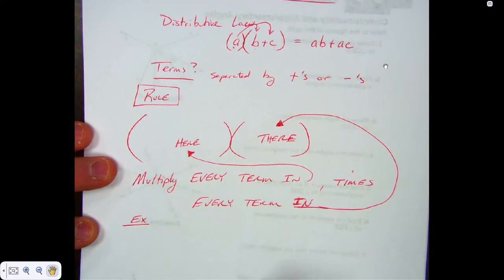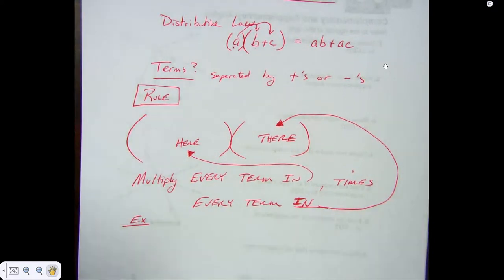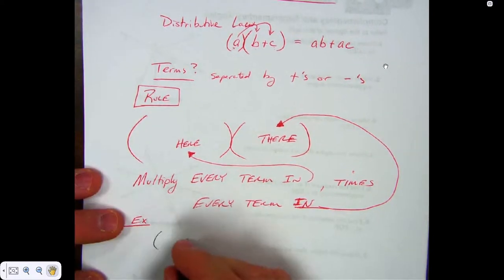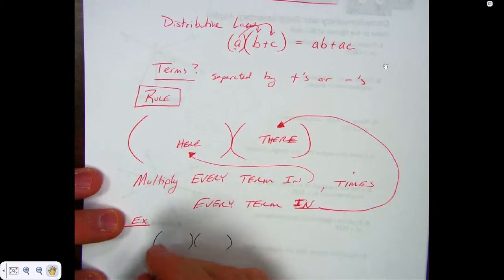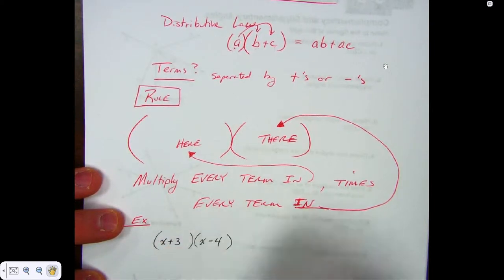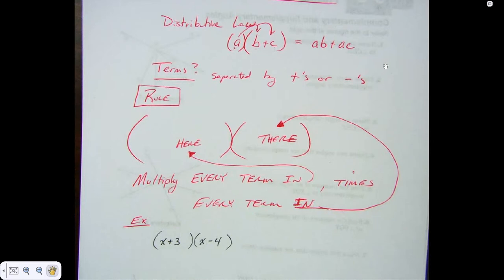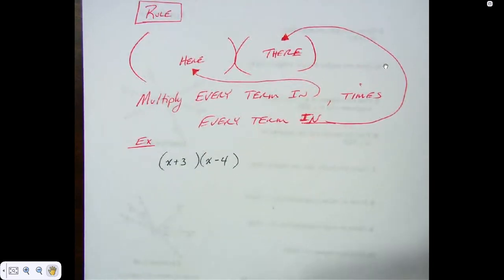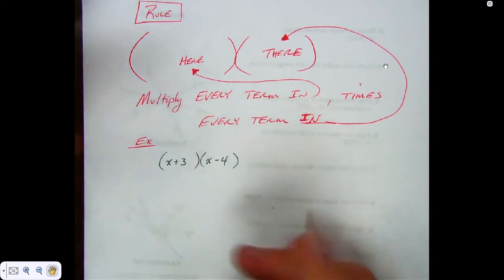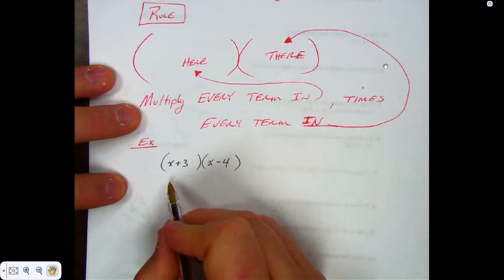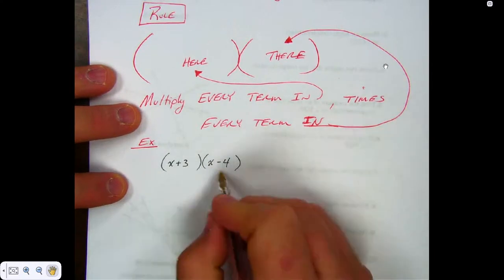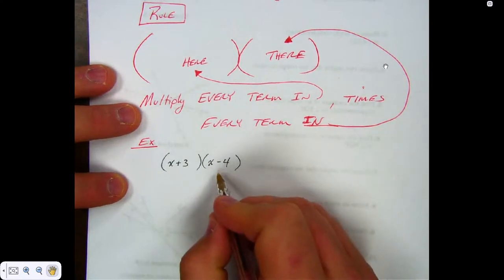Let me give you an example. We're going to do this one. Now, everybody stop writing, just watch me do this, and then you can write it down after we're done. Every term in here, how many terms are in here? 2. Times every term in here, how many terms are in here? 2.